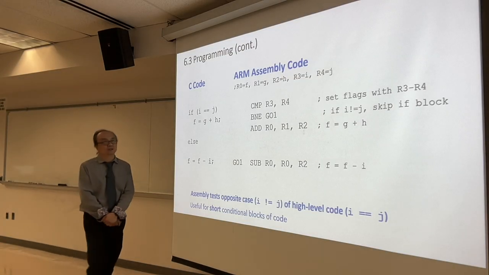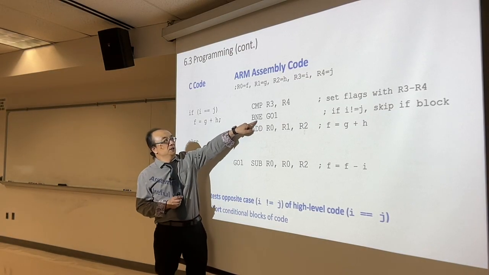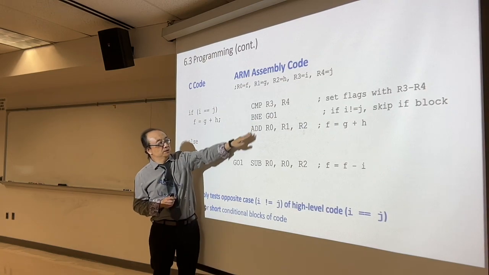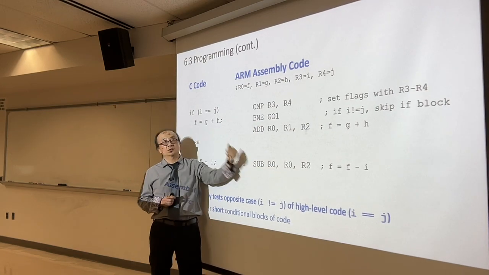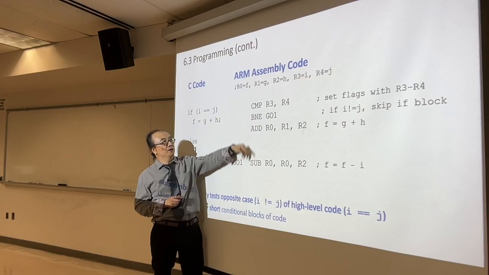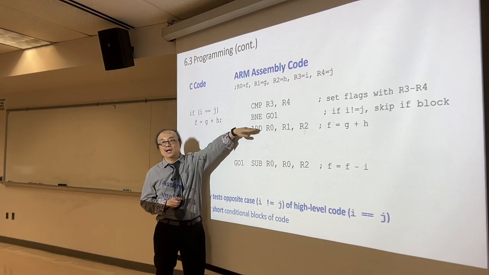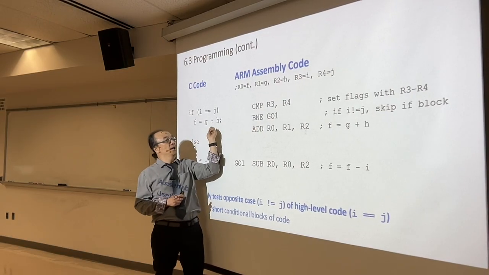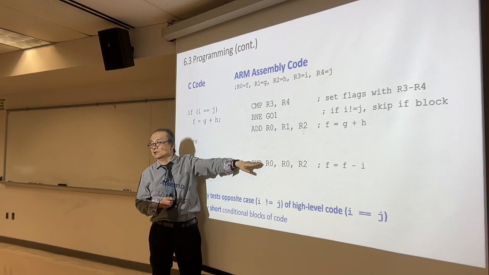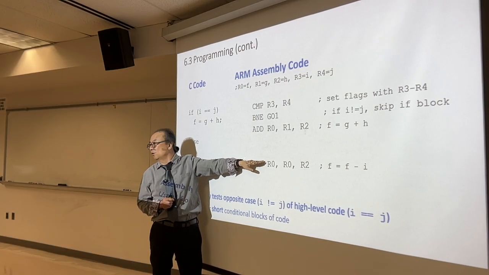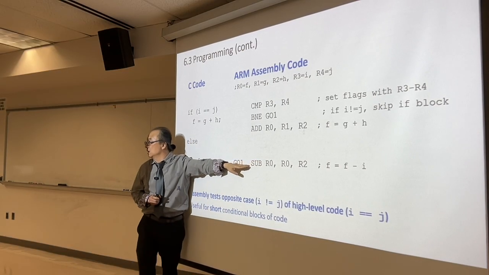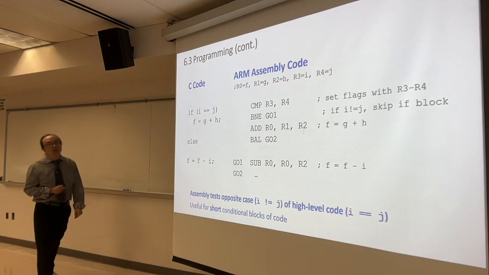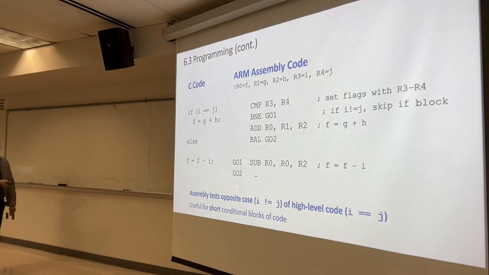If you just keep it this way, if it's not equal, we jump this and we do subtraction, just like what we want to do. However, if they are equal, then we're going to execute this add, and then we're going to execute this guy as well, but we don't want to. So we want to skip this line. How? Branch always to a go-to somewhere at the bottom so that we don't execute go 1.